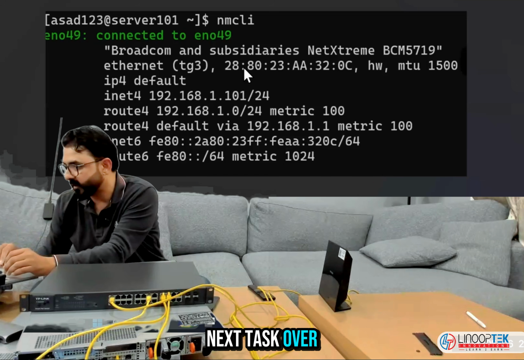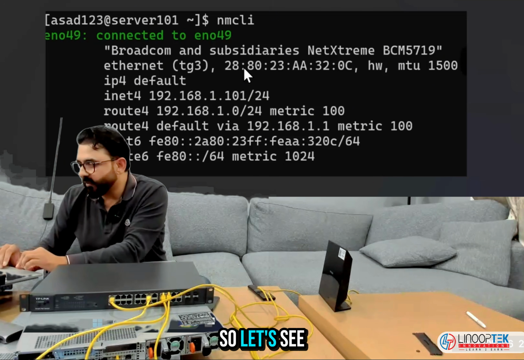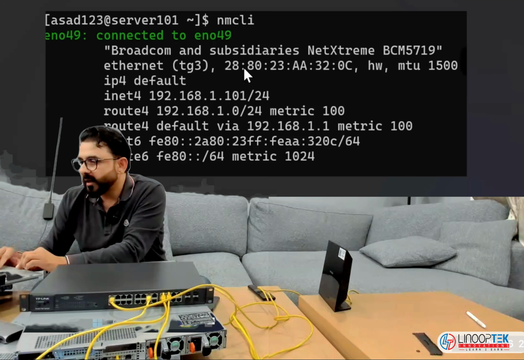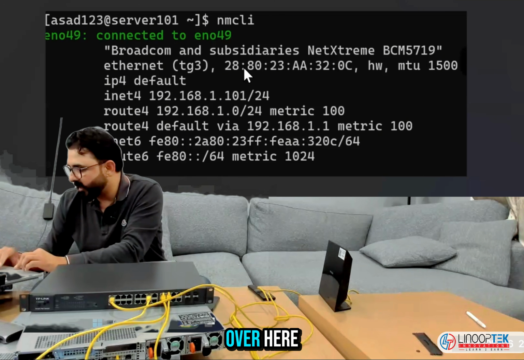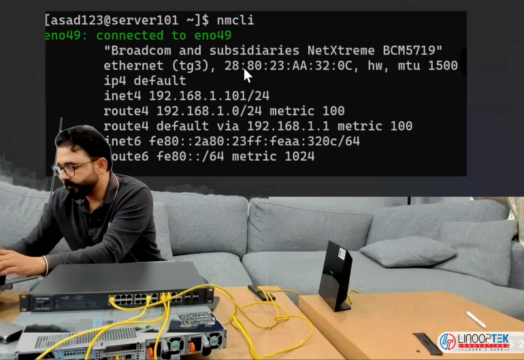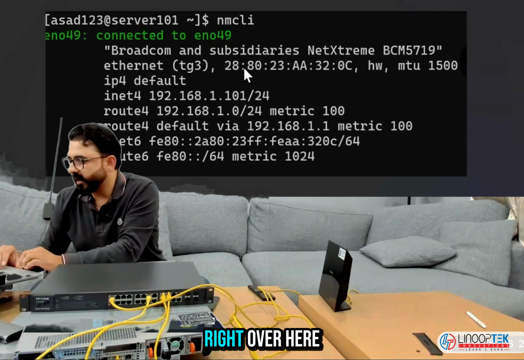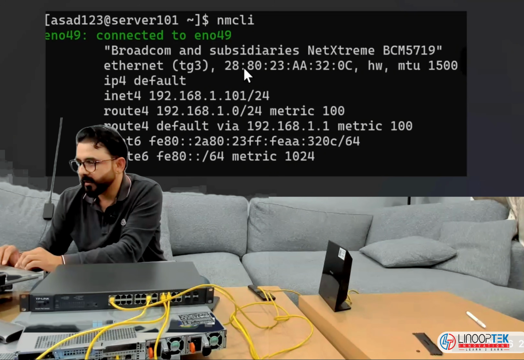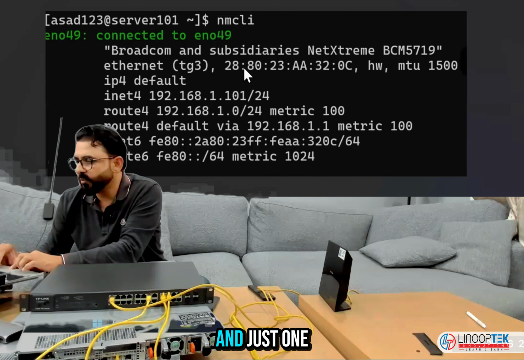That's our next task over here. So let's see over here. I'm going to take a snipping tool right over here, and we're going to look at the properties of just one network card, and then we will break down what this is.